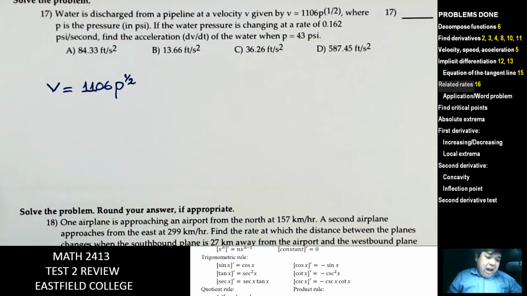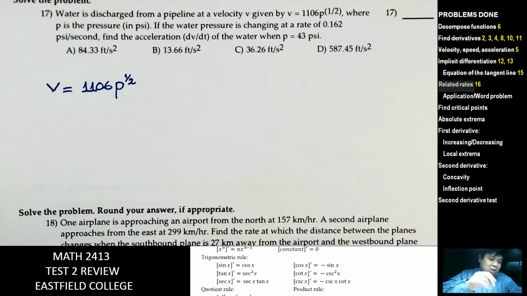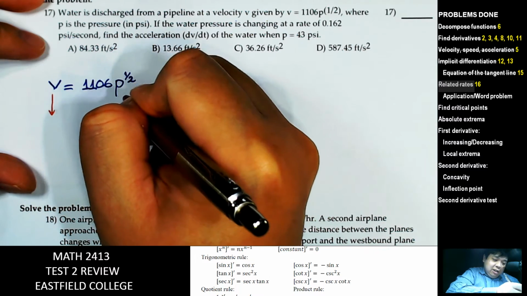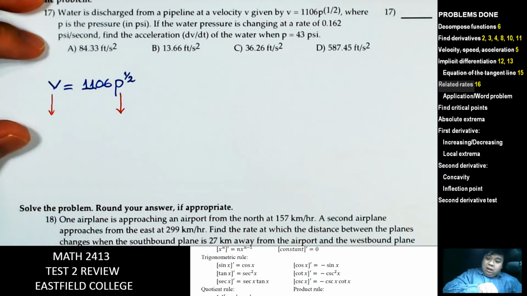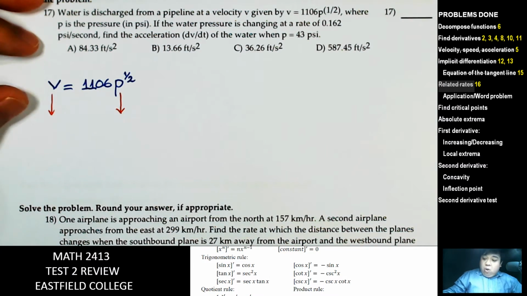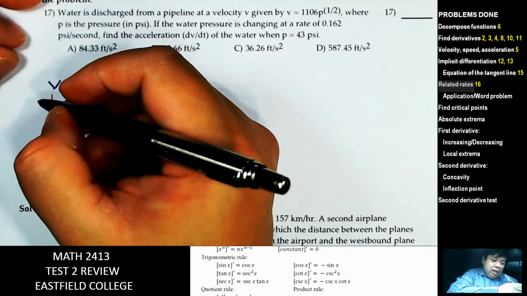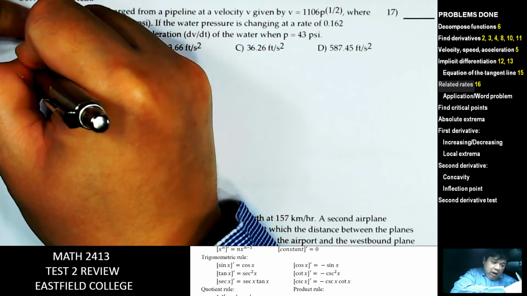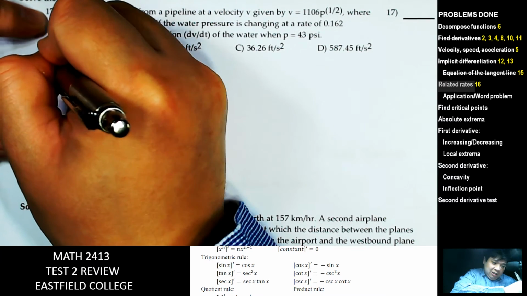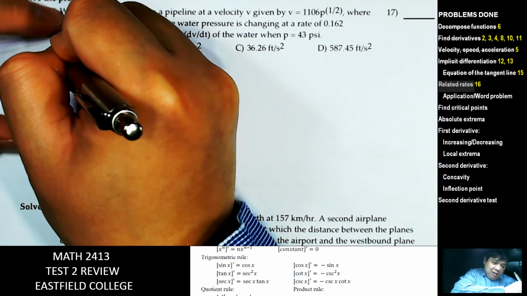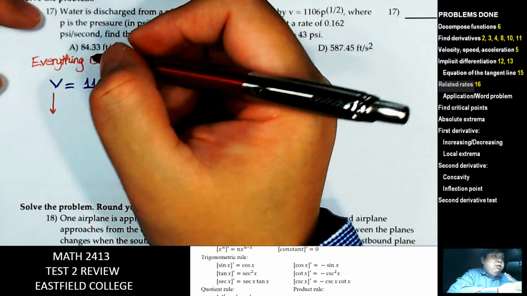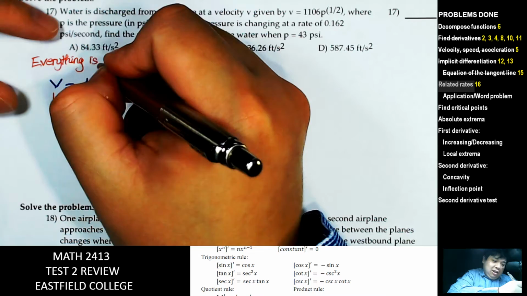Next, we assume that everything is a function of t. So I said if we have the problem, just go ahead and take the derivative. We'll worry about everything else later. So for the derivative of v, notice that both of them are functions of t. So we need to write that. So everything is a function of t. By everything, I mean v and p.